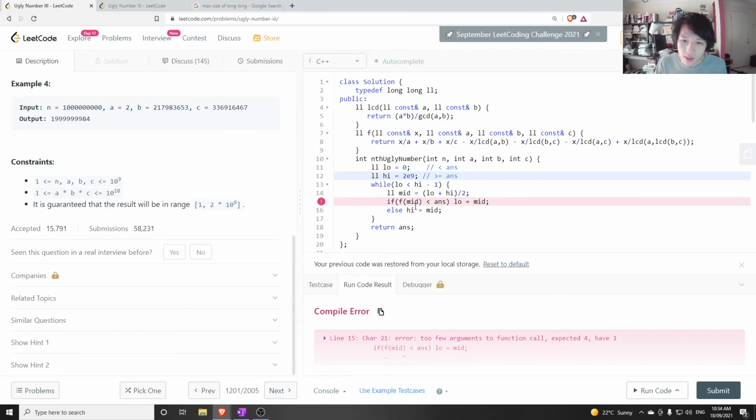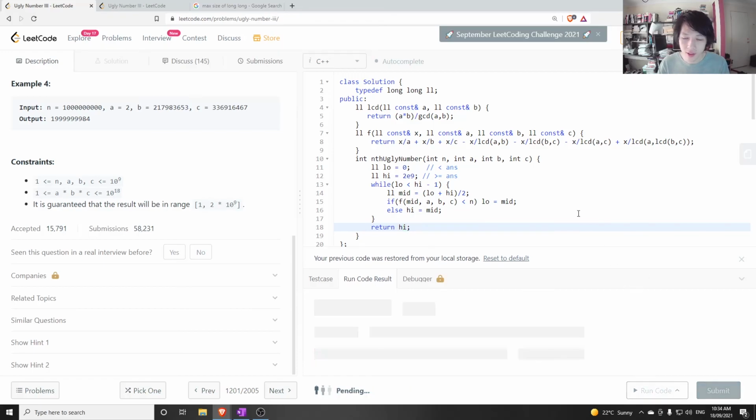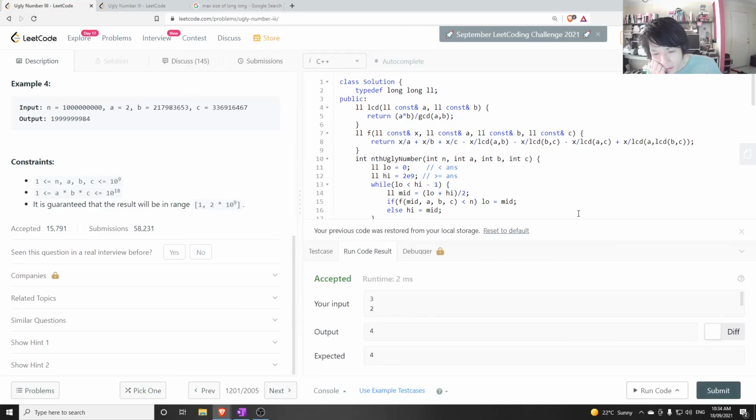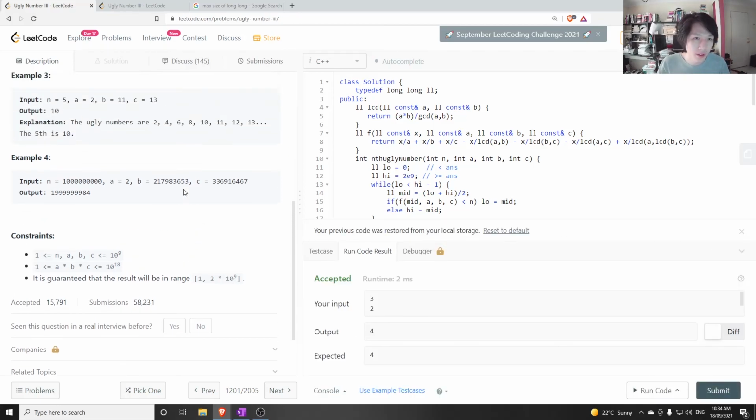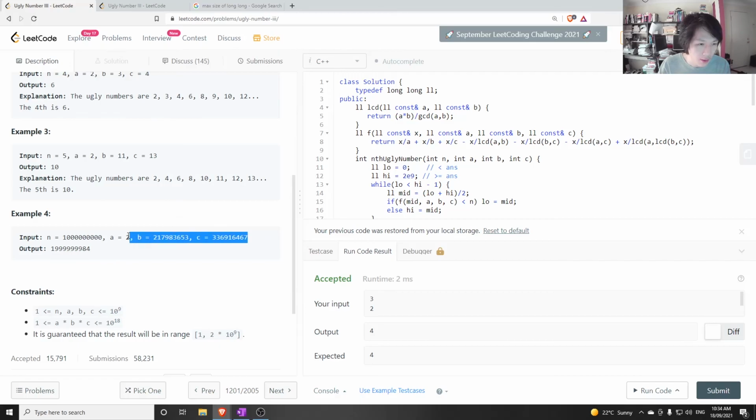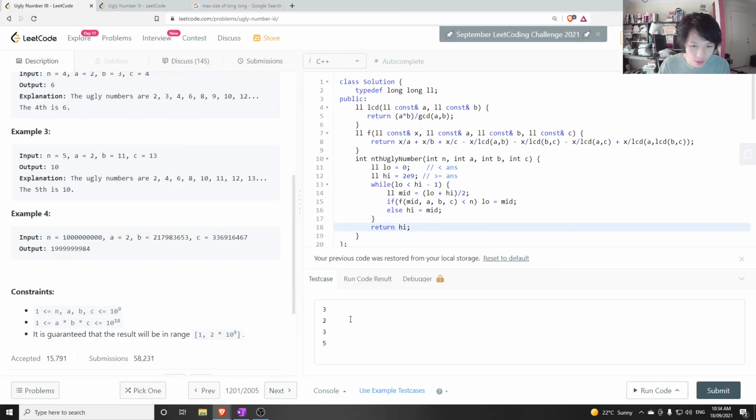Invalid. Oh, yep, I did mean that. If mid... Oh, yes, forgot to pass in the A, B, and C. And this should not be answer, this should be N. And this should be hi. Whoops. Okay, so that works. This is a big one. Let's try these answers here.